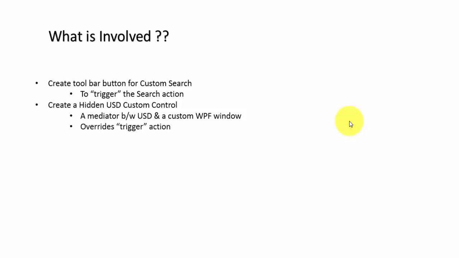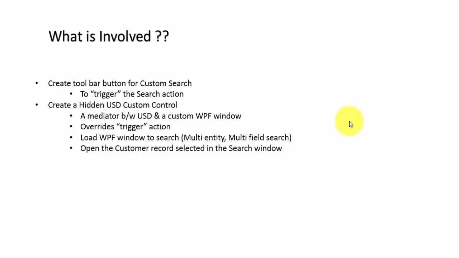Basically, this custom control will trigger the WPF search window, and it would also open the customer record which has been selected in that custom search window.